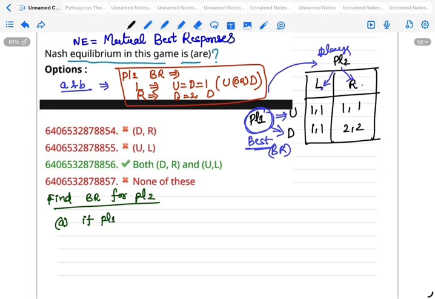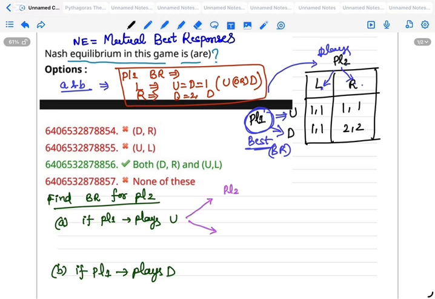Now there are two conditions: player 1 plays up, and player 1 plays down.